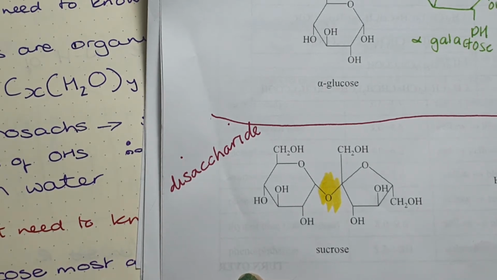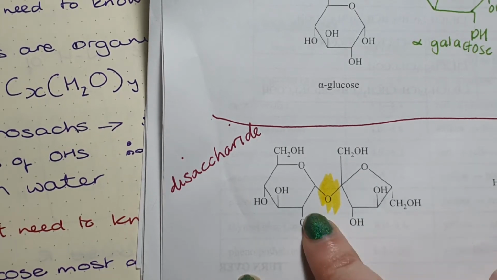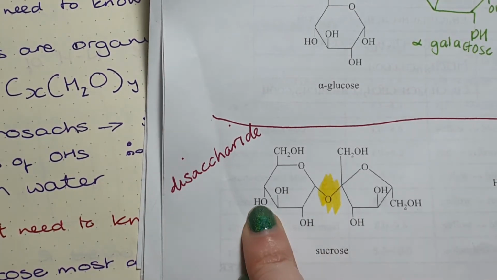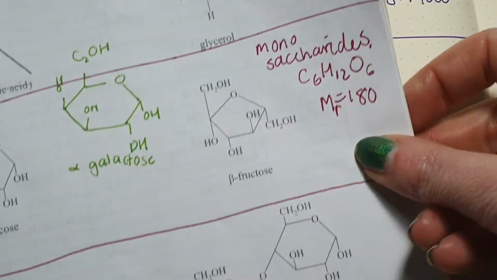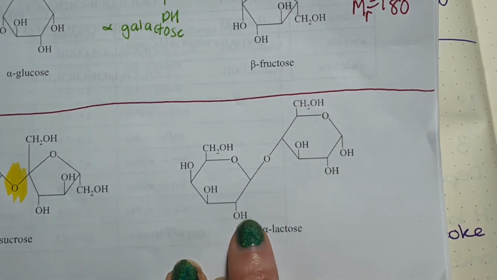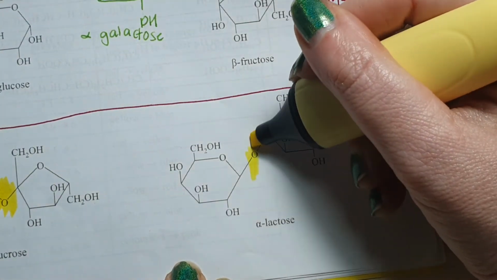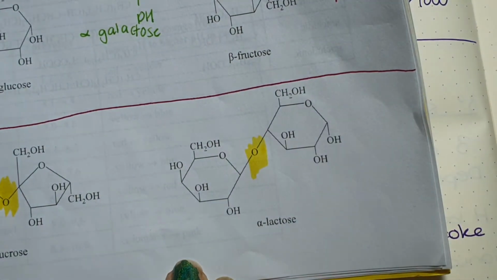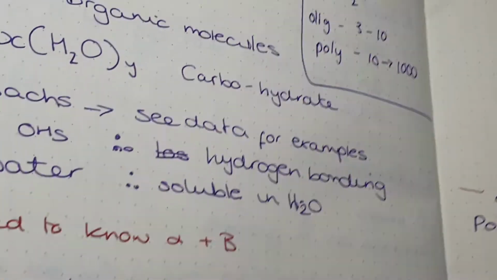So that's where we've lost our water and those two monosaccharides have joined up. So our two monosaccharides are here and here. They've lost some water and they've joined up here. The next one is our lactose, again from milk. And we've got that group here. So how's it happening? I'll show you a poorly drawn diagram to work it out.